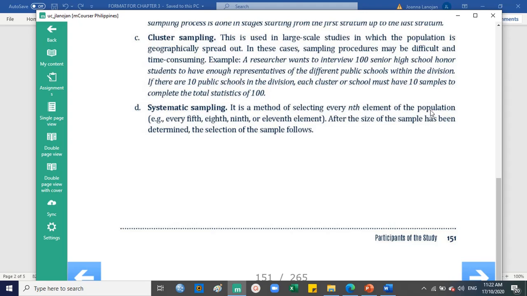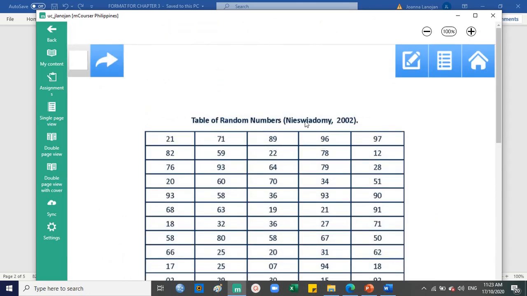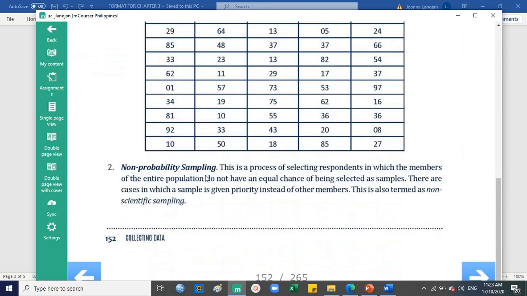Systematic sampling is every fifth, or let's say every 10th, and that will automatically be the sample size. That's systematic sampling. You can also use the table of random numbers by Nieswiadomy, 2002.